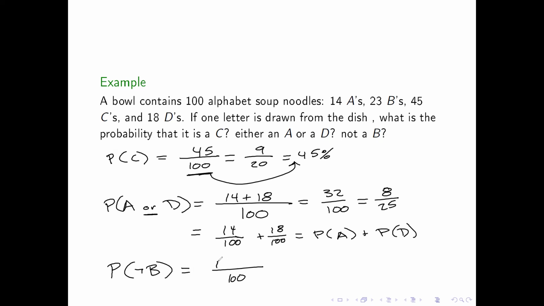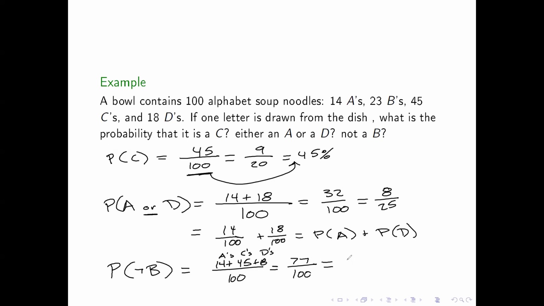Well, A's has to be 14. No B's, skip the other one, 45 plus 18. So this is A's, C's, and D's. Quickly add all those together, and guess what? That adds up to 77 out of 100.